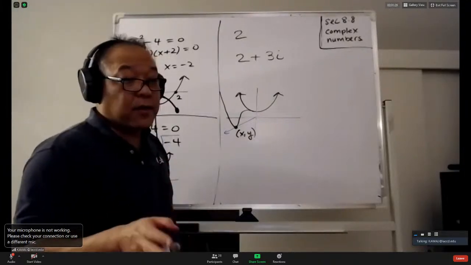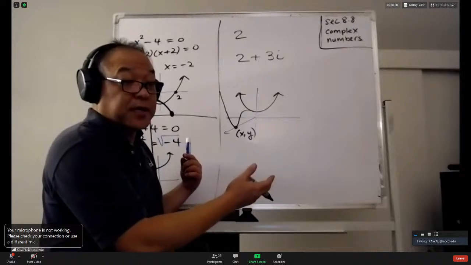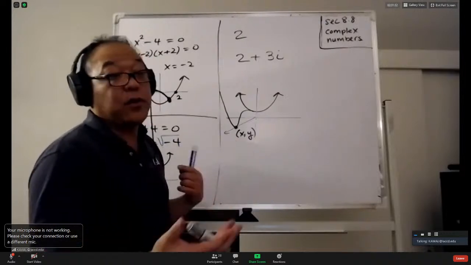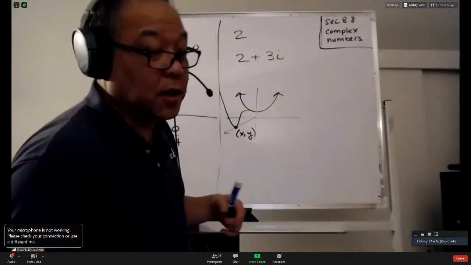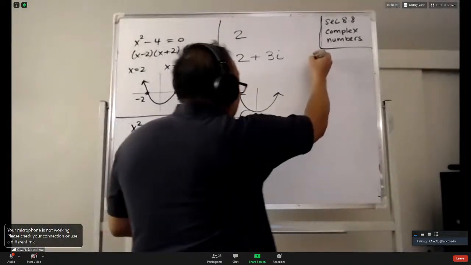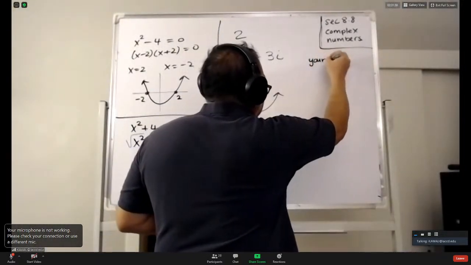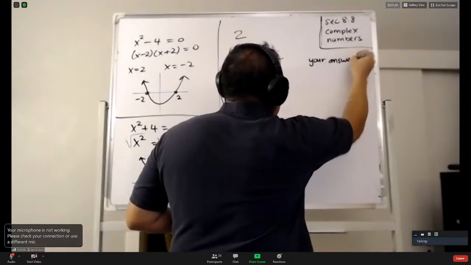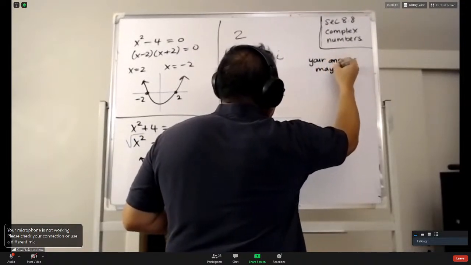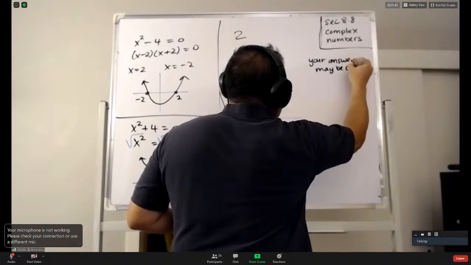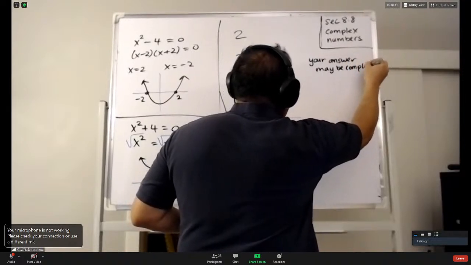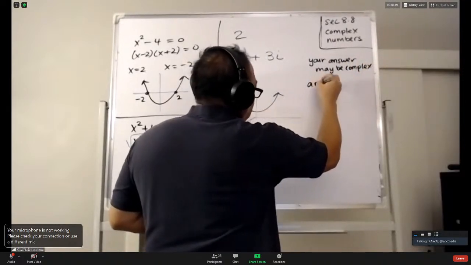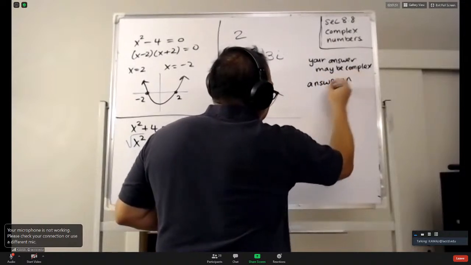You're only allowed to use this extra dimension if we tell you that you can. Usually the problem will say your answer may be complex. Or they'll say answer in standard form.